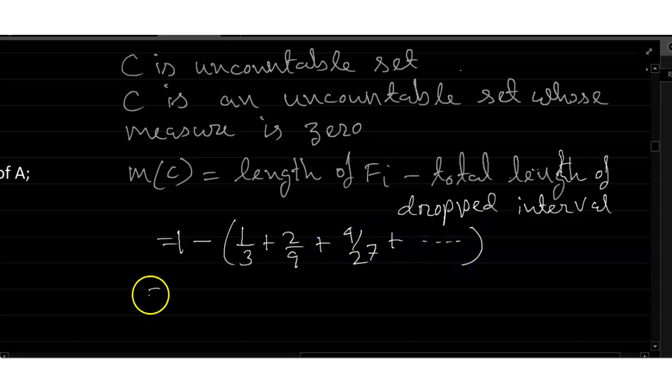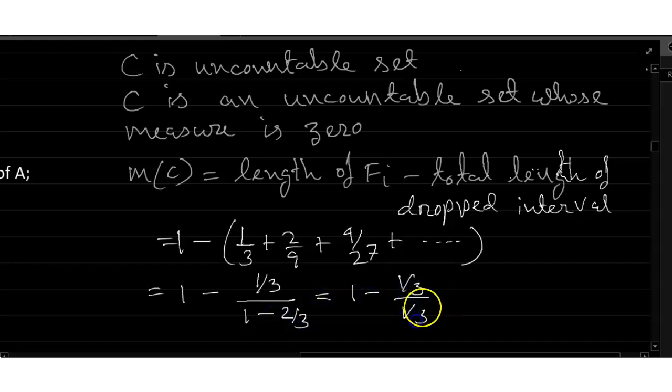So this value equals 1 minus (1/3)/(1 - 2/3), which equals 1 minus 1, equals 0.